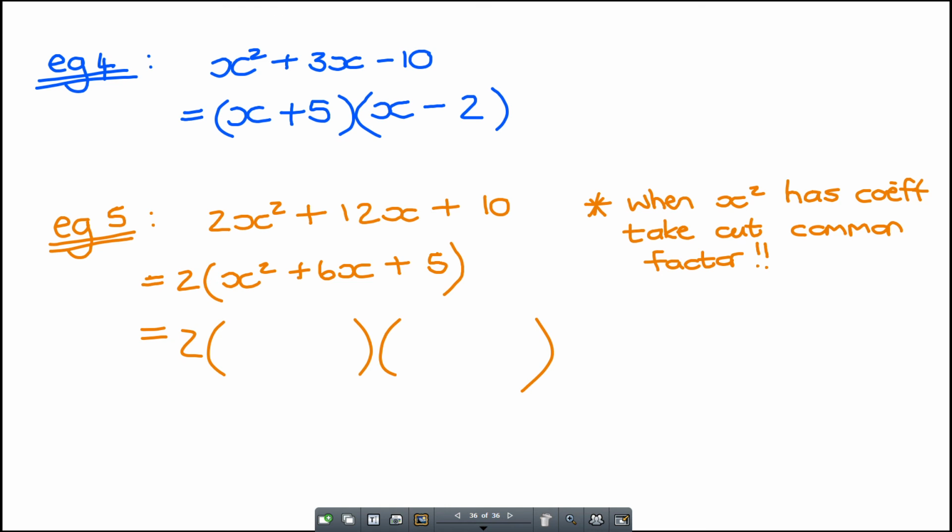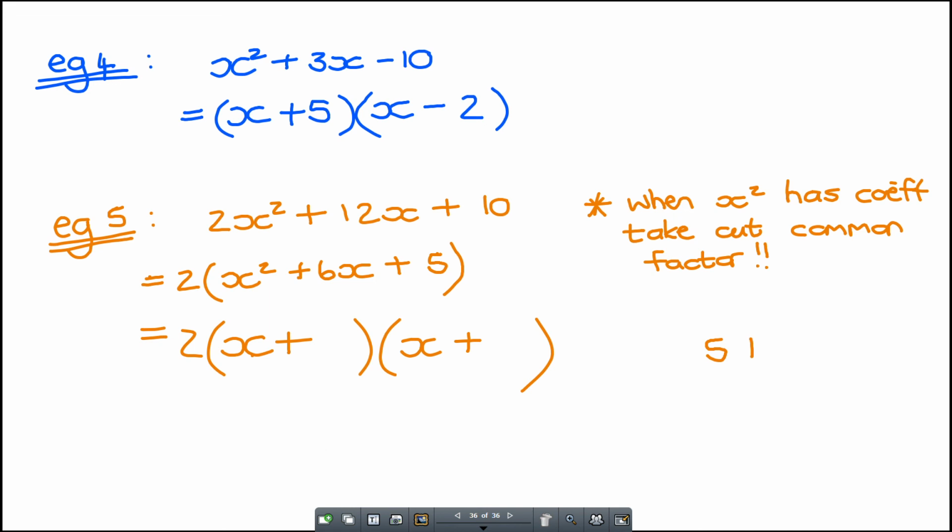Okay, so because it was a positive 5, my constant was positive. My brackets will either be plus plus or minus minus. But because this was a plus 6, I know it would be x plus something and x plus something. Okay, so now we look for factors of 5, which will only be 5 times 1.